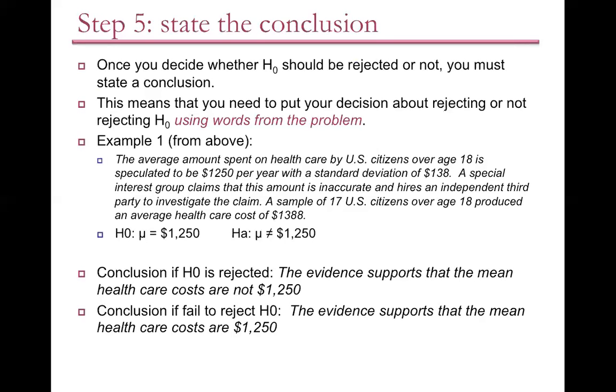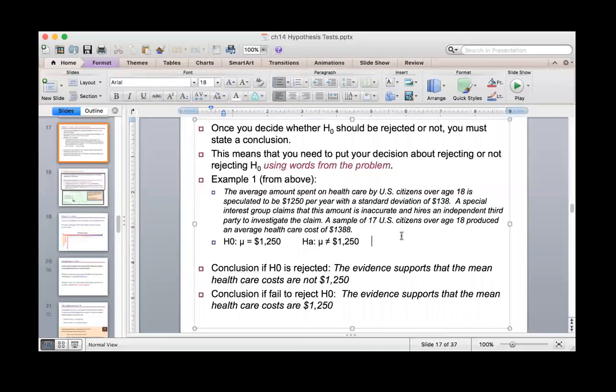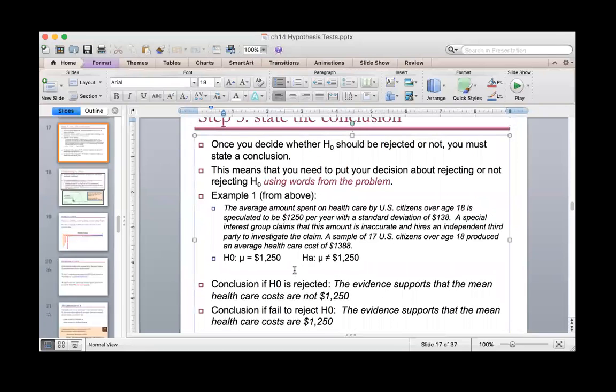I don't have the z value here. I can make the z value for us. Okay, so this is the health problem. We have that mu is 1250.